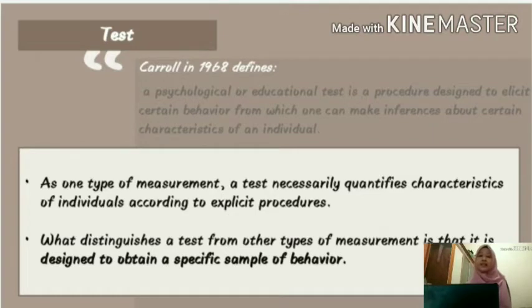So, a test, as one type of measurement, necessarily quantifies a characteristic of an individual according to explicit procedures. It means that what differs from other types of measurement is that it obtains a specific sample of behavior.